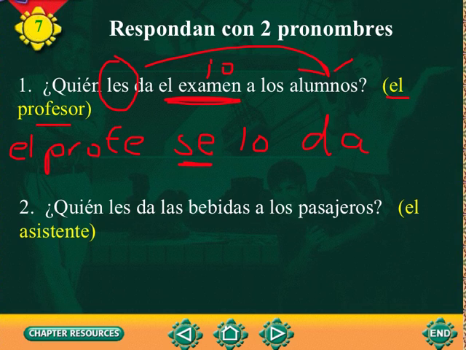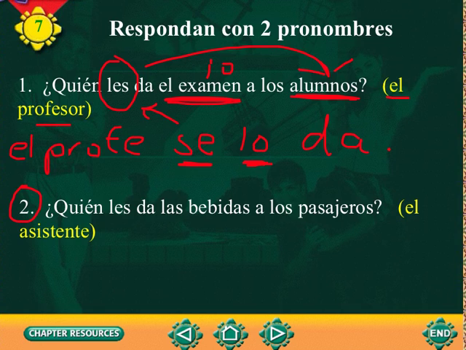We already know what the se refers to. It refers to los alumnos. So who is giving the test to the students? The professor is giving it, that's the lo, meaning the exam, to them. That's the se. Originally was the les. So I'd like you to try number 2.